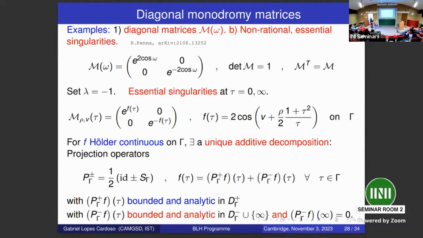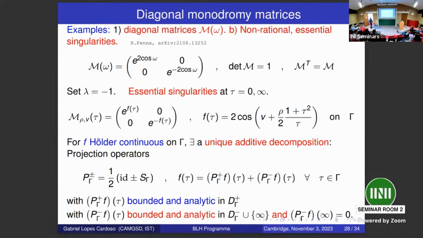Now, what are these functions? Well, I just told you that we are on the punctured complex plane. There's a singularity at tau equals 0, at tau equals infinity. There are no further singularities. So in the punctured complex tau plane, any choice of contour will be homotopic to any other one. So let's pick the contour to be a unit circle.